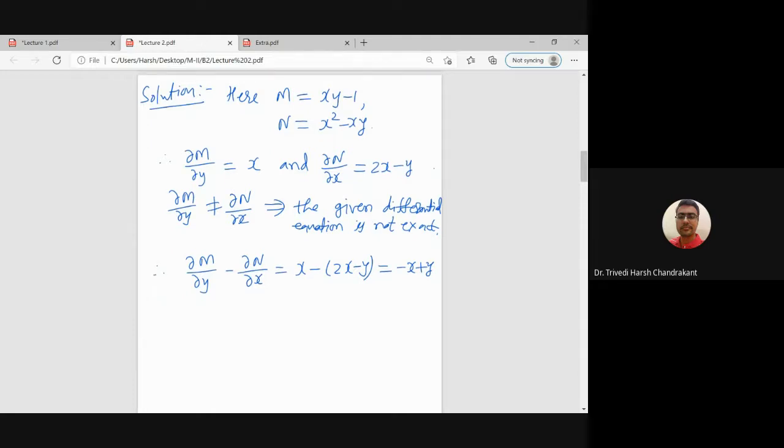So if we divide this by M, we get minus x plus y divided by xy minus 1, right? If we divide by M, we see that it is not a function of y.